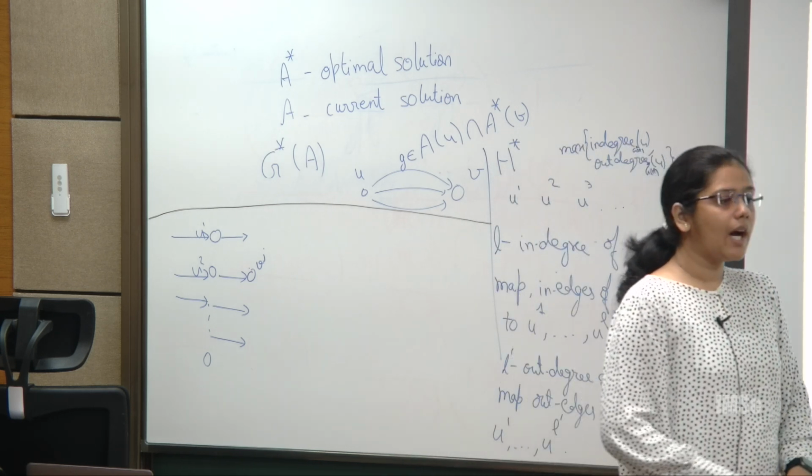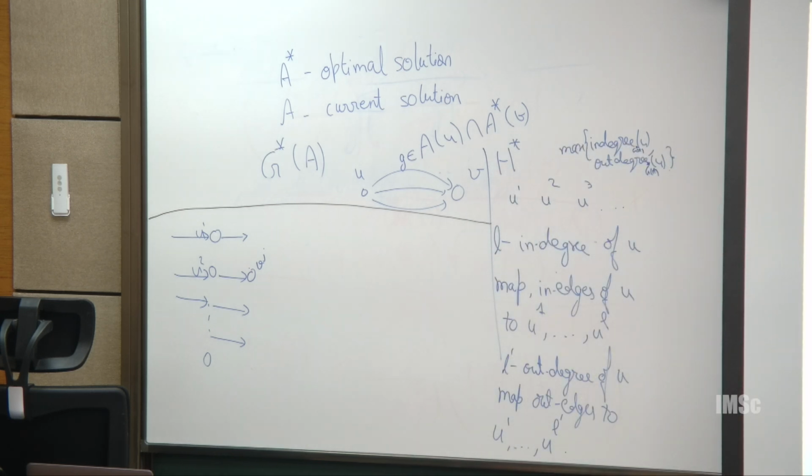Okay. Now, look at an arc between U and V. You must have mapped U to V, right. So, you must have mapped this arc to one of the copies of U, and you must have mapped this arc to one of the copies of V. Correct? Okay. So, just add an arc between those copies in H star. That is it.